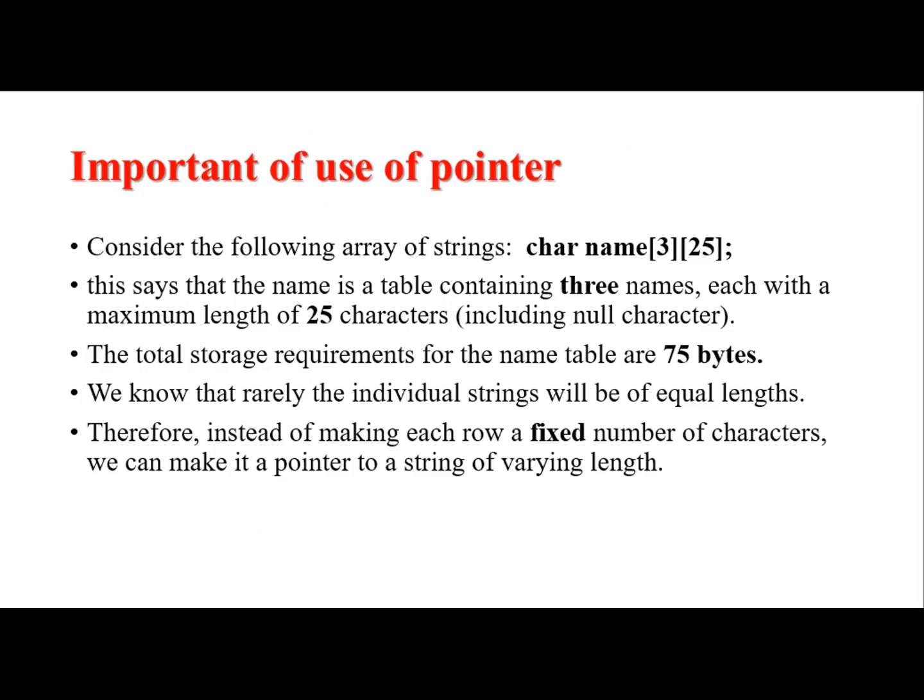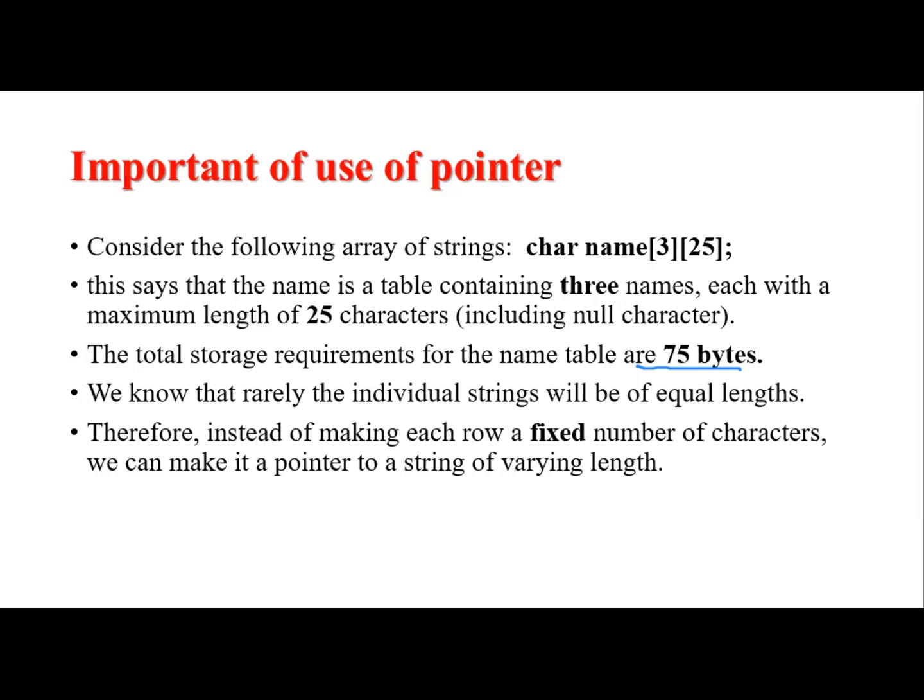In terms of strings, we can read it as there are 3 names, with a maximum length of 25 characters in each name. So in this example, the total storage requirement for the name table is 75 bytes.